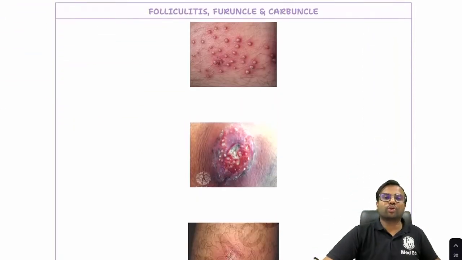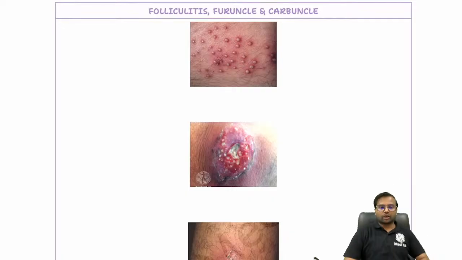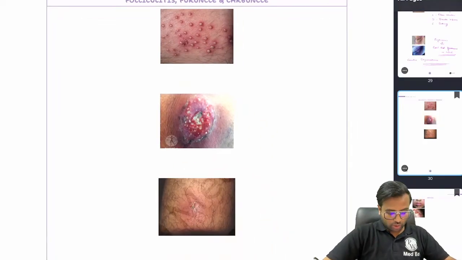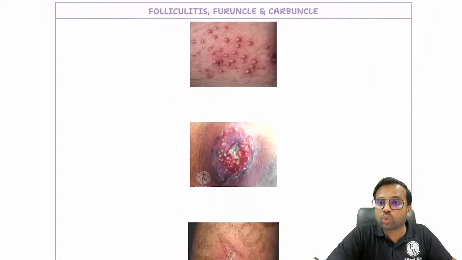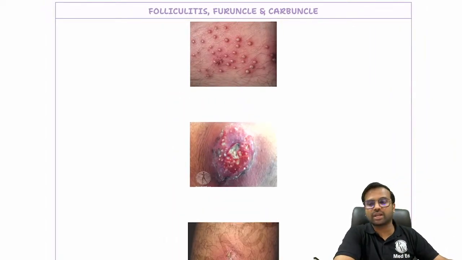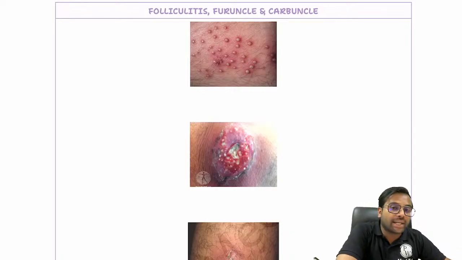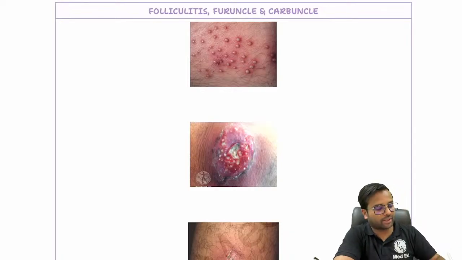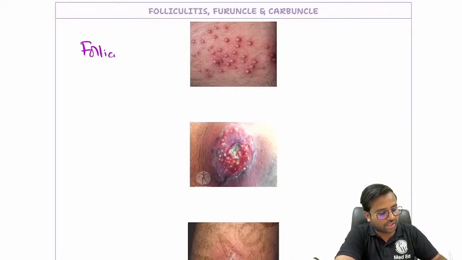So let's also talk about another common bacterial infections like furuncle and carbuncle. So let's see this one as well. So how can we label everything? What is the first one? When you see multiple pustules together, this is called folliculitis.